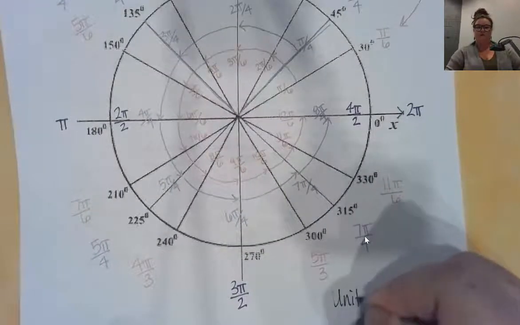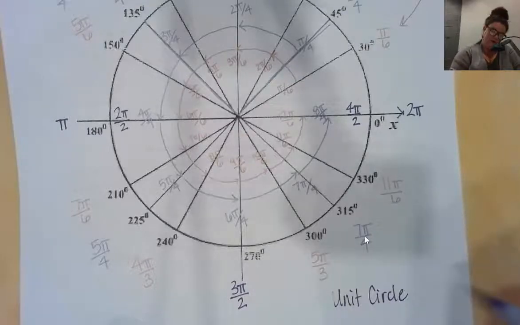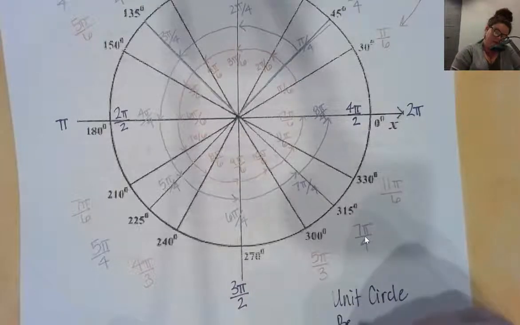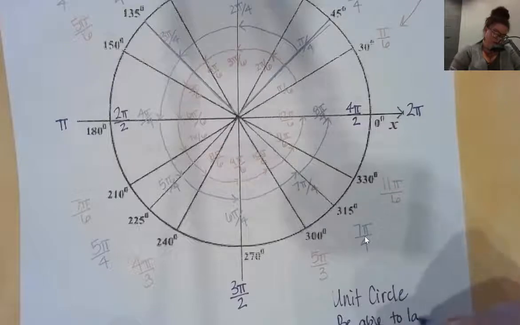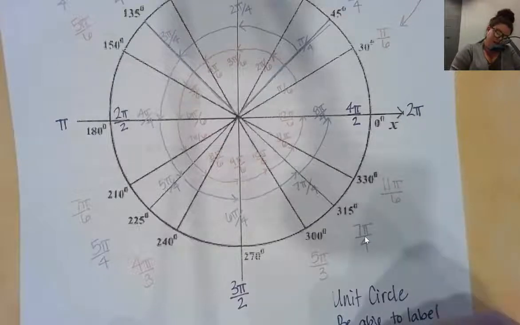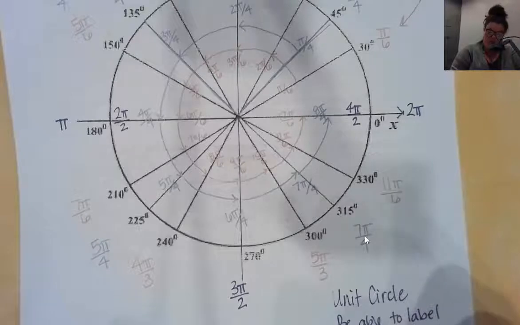Okay, so I'm going to go ahead and just put down here, we call this the unit circle. Okay, and you need to be able to label the corresponding degree angle with its radian measure.